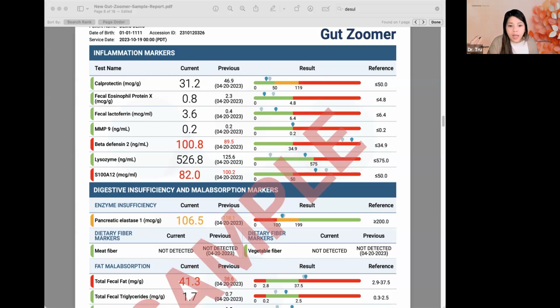It says here it breaks down the cell wall of certain gram-positive bacteria. It is a marker more specific for inflammation in the colon versus the small intestine. When you have a very high level of lysozyme, it is commonly associated with significant overgrowth of yeast or dysbiotic bacteria.